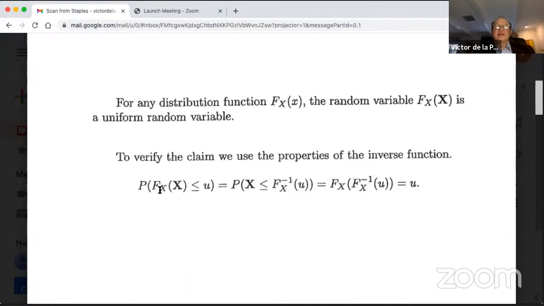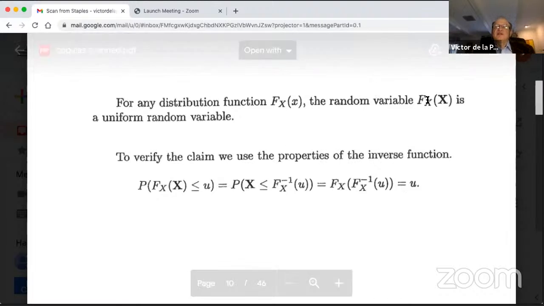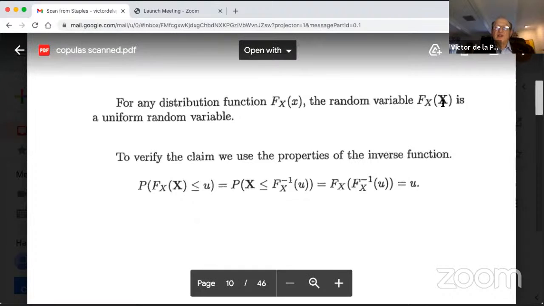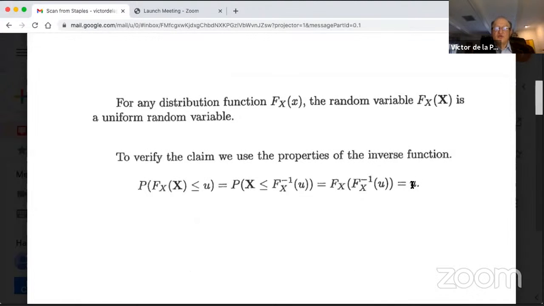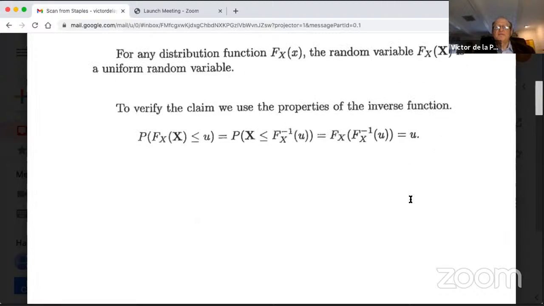So the probability that F x of x is less than or equal to u, I'm going to show that it is uniform, is equal to the probability that x is less than or equal to F x inverse of u, which is equal to F x of F x inverse of u, which is equal to u. So what this means is that when you evaluate the cumulative distribution function at the random variable that it is associated with, you end up with a uniform distribution. Again, these facts are very important, and that's why I'm reviewing them.